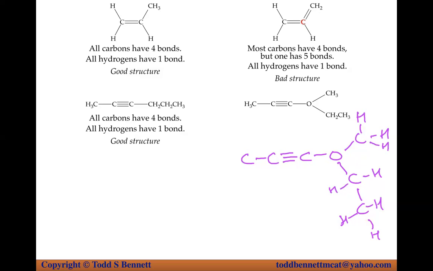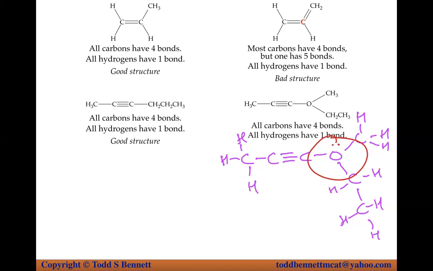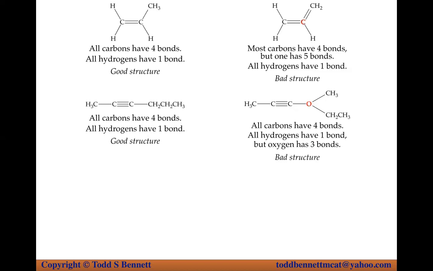If I look at this, now I'm going to be complete. 4 bonds to carbon, check. 4 bonds of carbon, 4 bonds of carbon, just like it was here. That part's valid. But oxygen has 3 bonds, which means it would only have room for 1 last lone pair. So this one is out because carbon is fine, hydrogen is fine, but oxygen has 3 bonds. Can't happen, so therefore, bad structure.